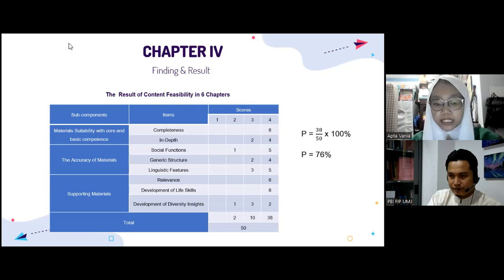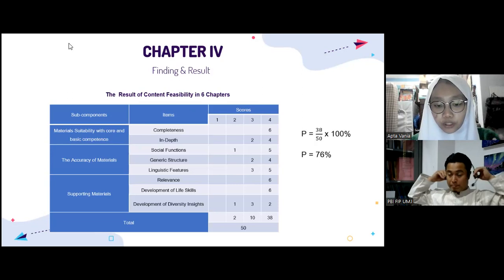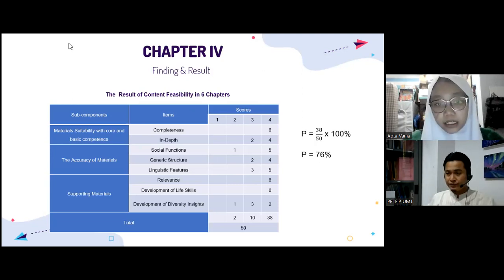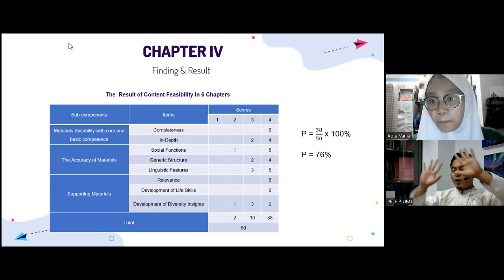Based on the table, I analyzed and evaluated the categories from 6 chapters, a total of 48 categories, and the subcomponents that get the 2 scores, because for social function, in the process of analysis, I only found descriptive text and transactional text to fulfill the social function in this chapter.